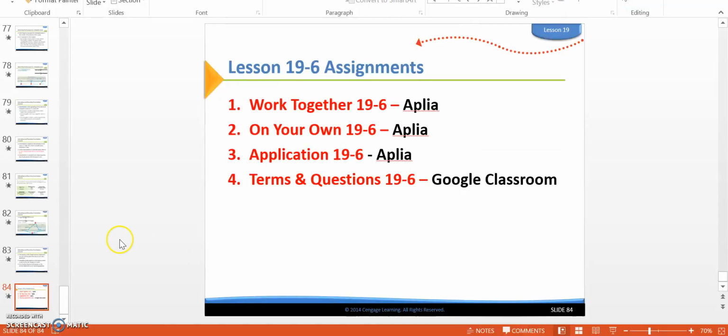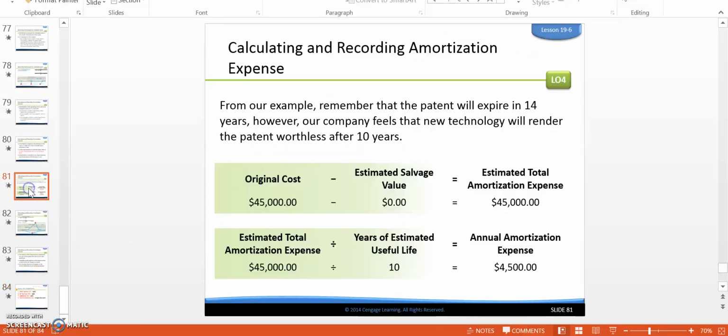Remember that if you need help with this, go back to our PowerPoint, and here you'll find what you need, your original cost information. Remember, there is no salvage value on intangible assets, and then we divide that by the number of useful life years.